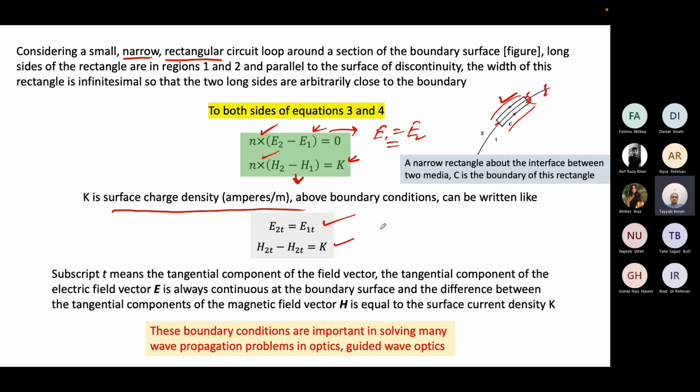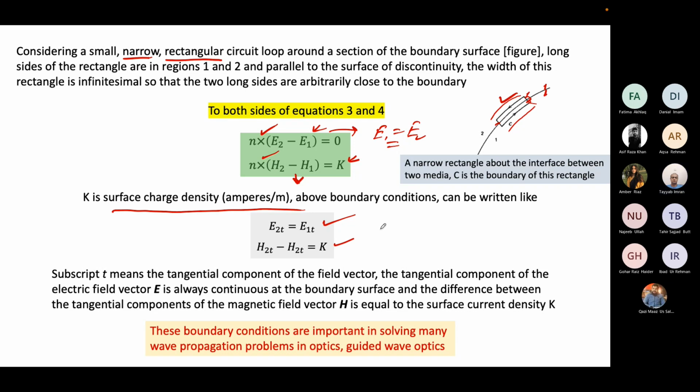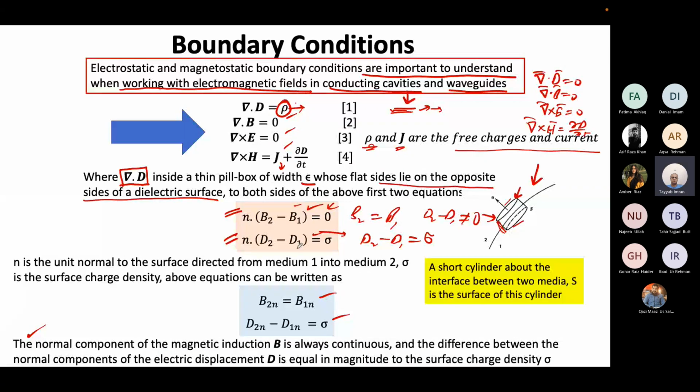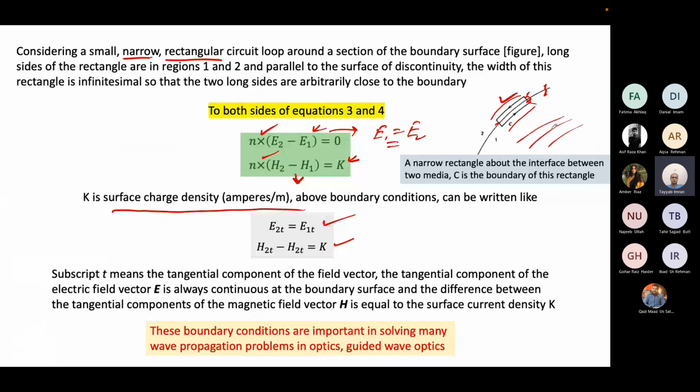So basically T, what T shows here is tangential components, ठीक है. In the previous slide there were the normal components. We only studied the normal components like this, okay? And in this one, tangential components, like in this direction, we studied, okay? So electric field is continuous.